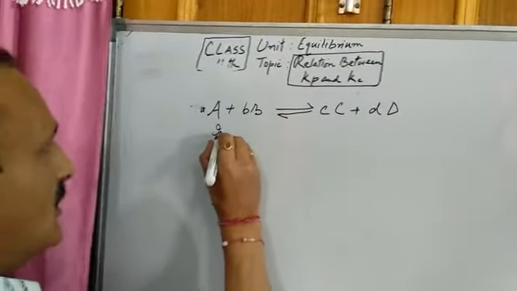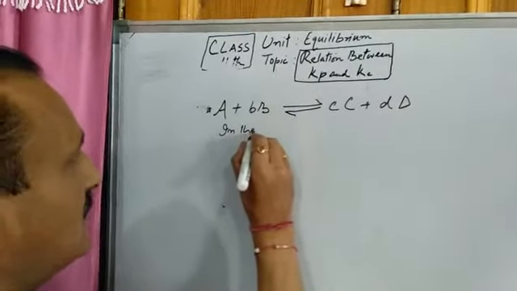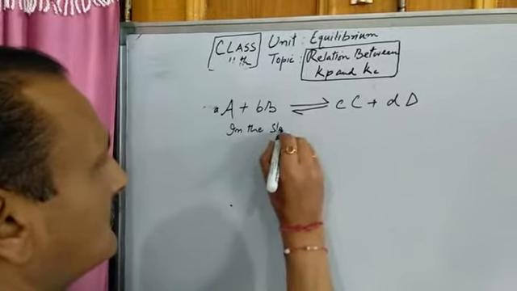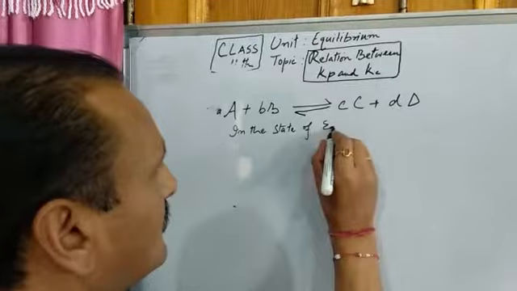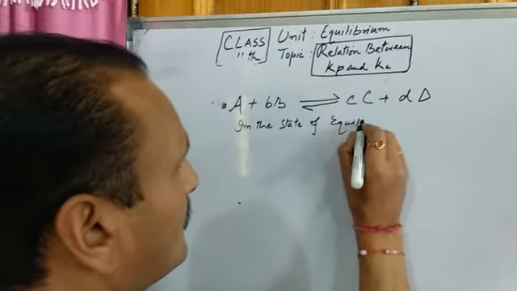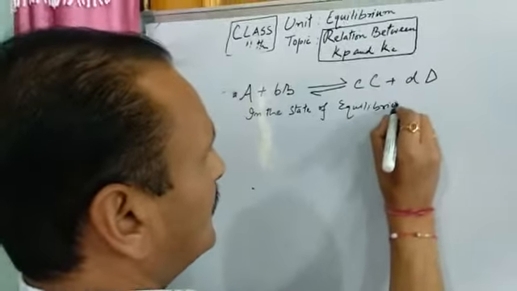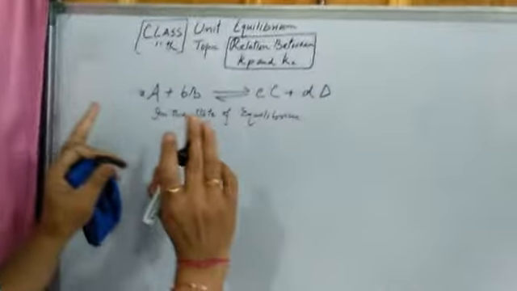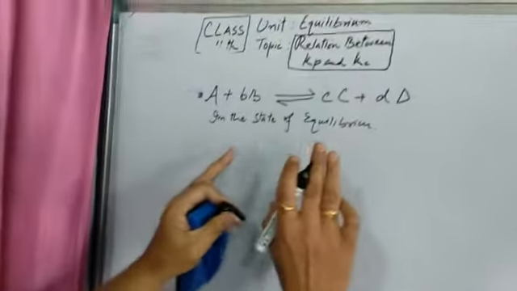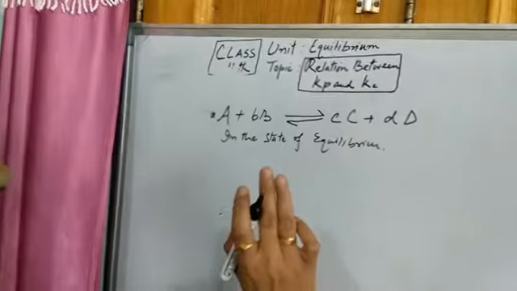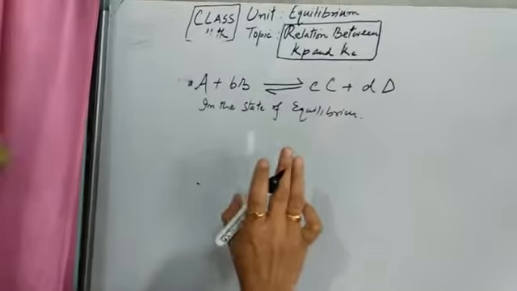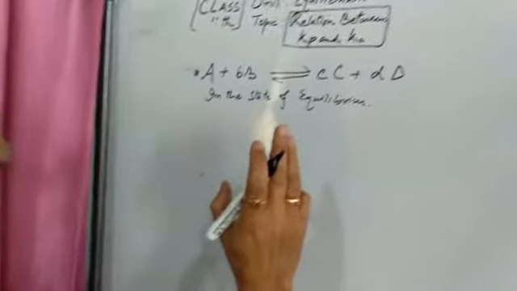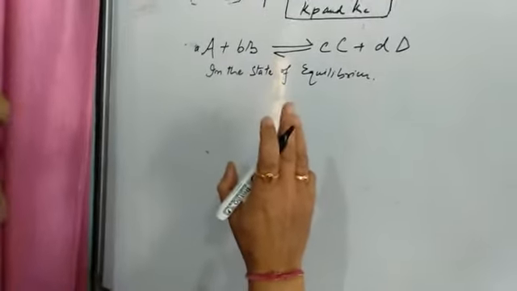So in the state of equilibrium, if this chemical equation is in the state of equilibrium, we can apply law of mass action and law of chemical equilibrium, which we have already understood and learned.